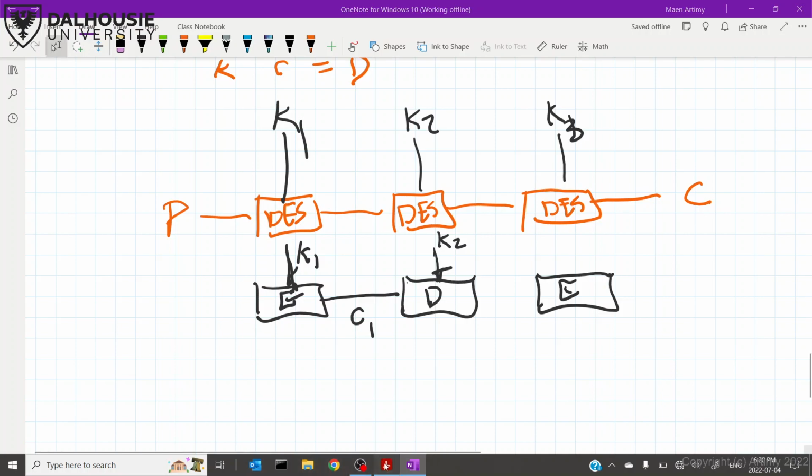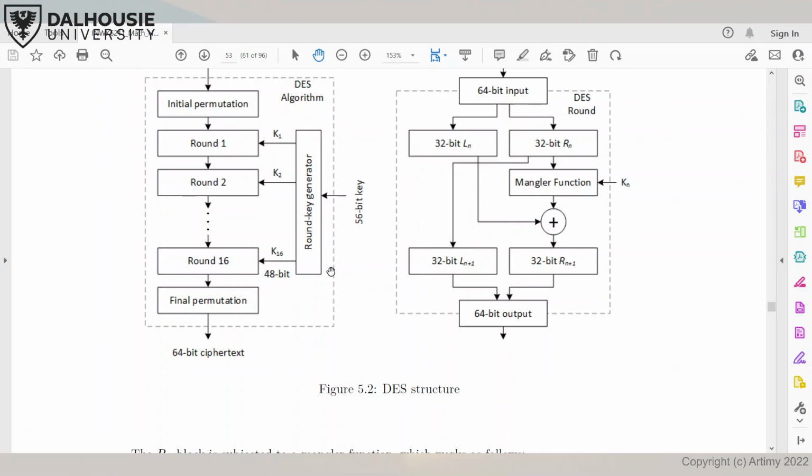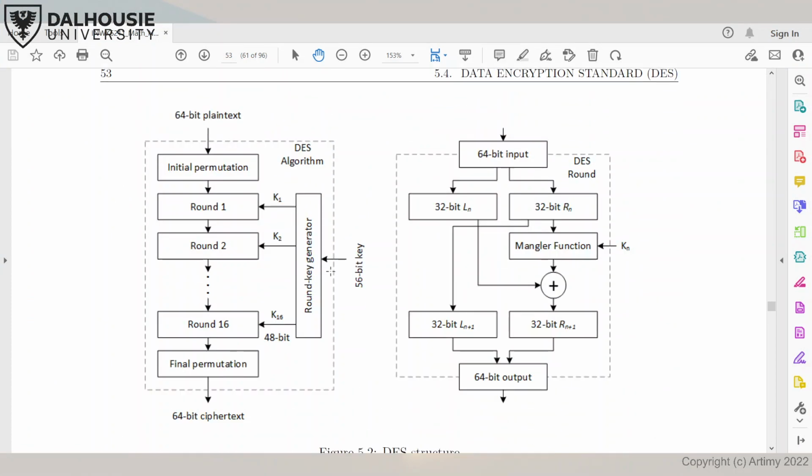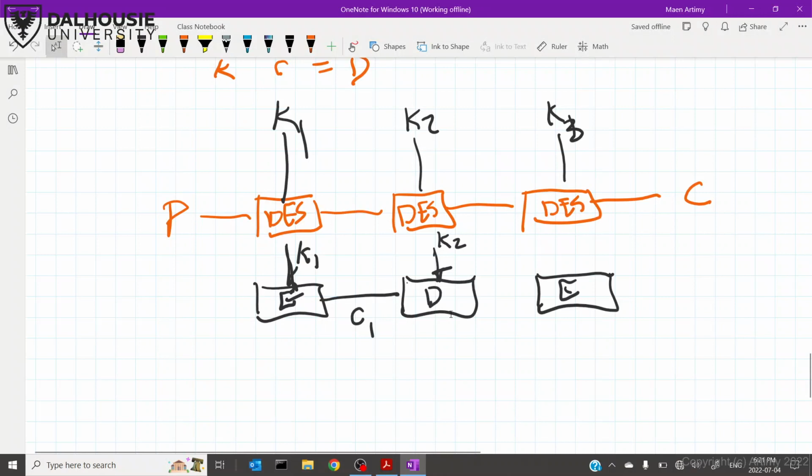So if we look at this graph, taking the data from the top to the bottom does encryption with a key. But if I pass it backward with the same key, I do decryption. But if I pass it backward from the bottom to the top, but with a different key, I'm actually doing more encryption. So encryption, decryption with a different key will give us more encryption. And then the third one, I can have with the third key. Right? Can I use two keys?